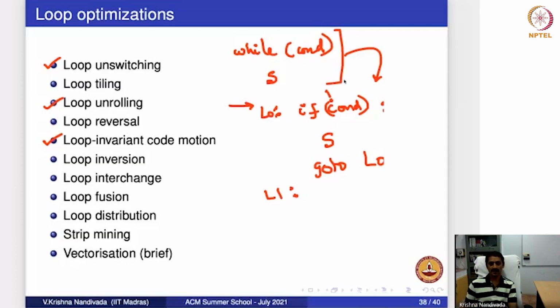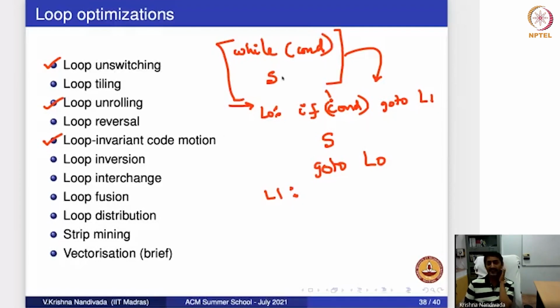Any questions from here to here? Any doubts that these two are equivalent? Okay, so this is equivalent, right?